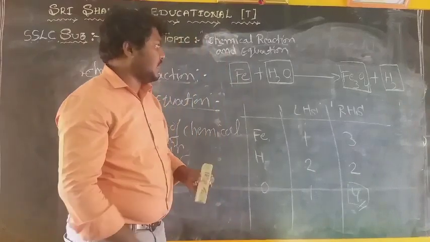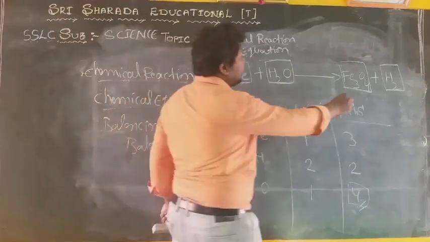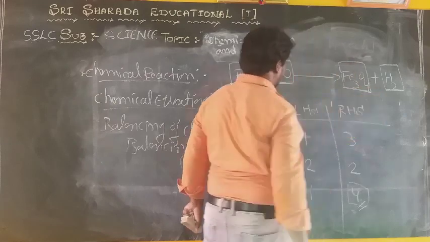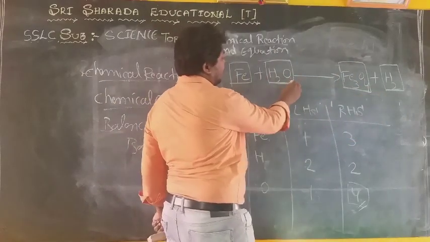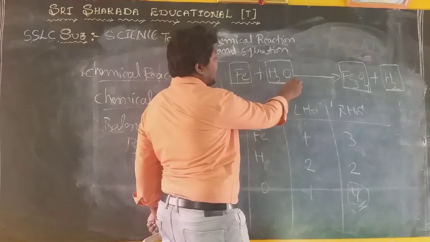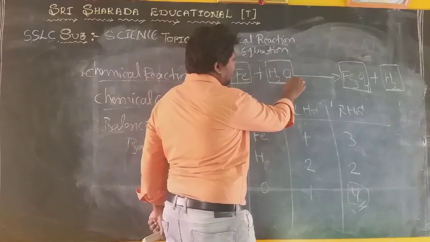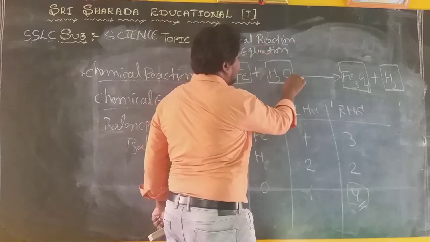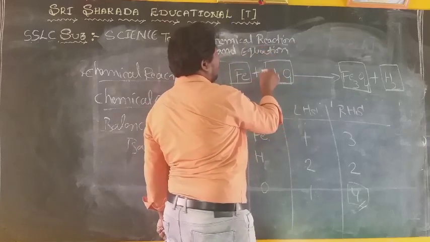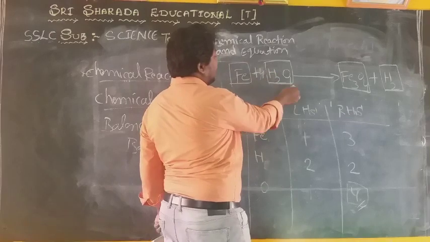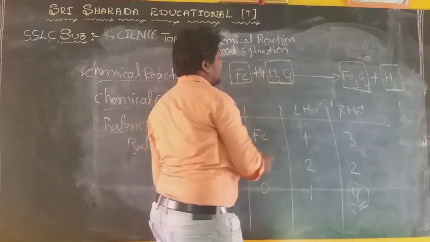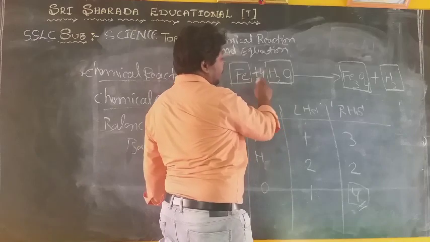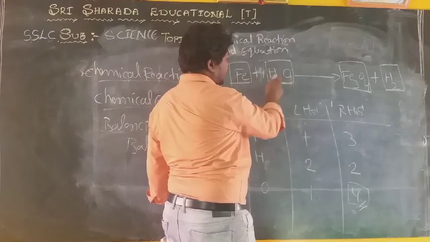See, here in the right hand side it has a 4, but in the left hand side, or in the reactant side, it has only 1. So by multiplying 1 into 4 we can get the 4. So 1 times 4 is 4. We can balance the oxygen.